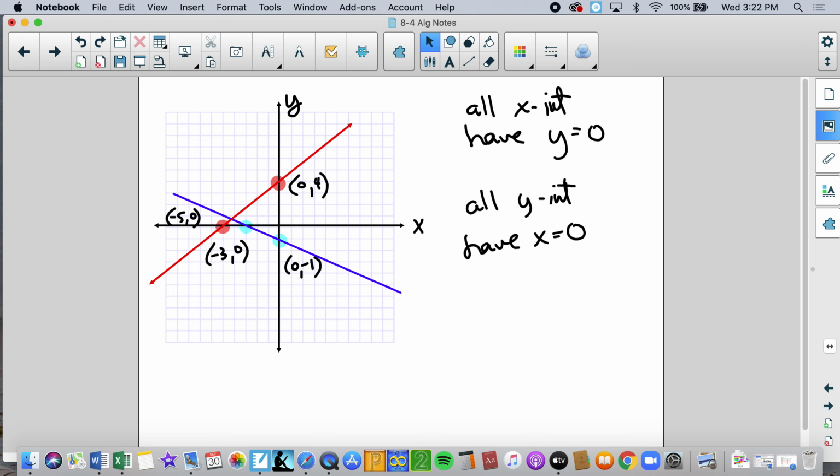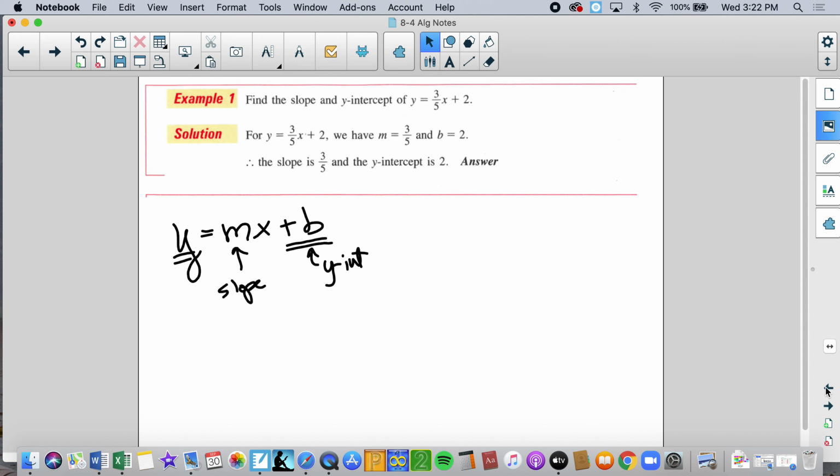And remember, if we look at a point like this, x is 7, 6, 5, 4, 3, 2, 1, 0. When x is 0, it's on that y-axis, so that's why we know that all y-intercepts will have an x value of 0. All x-intercepts will have a y value of 0. So let's go back to this.